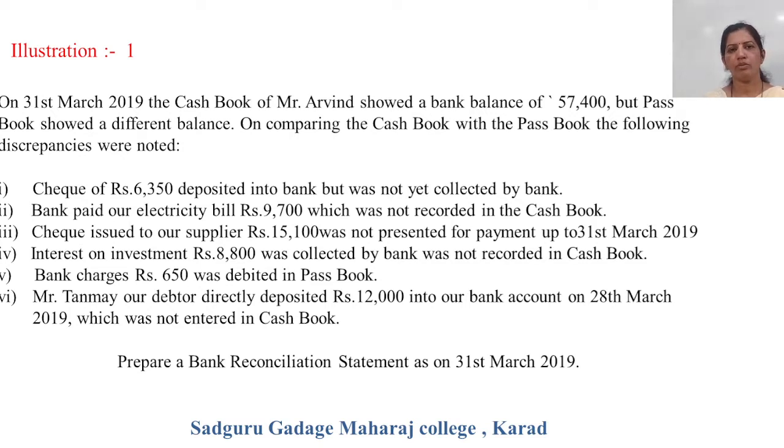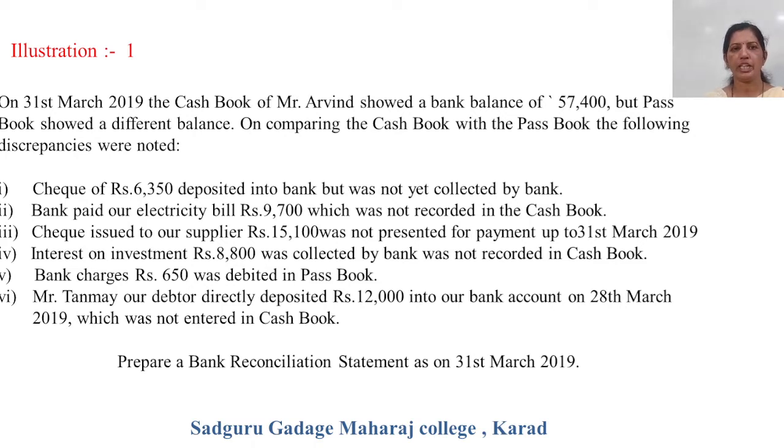First, a check of rupees 6,350 deposited into bank but was not yet collected by bank. Next, bank paid our electricity bill rupees 9,700 which was not recorded in the cash book.